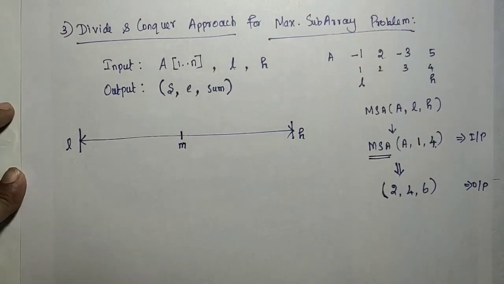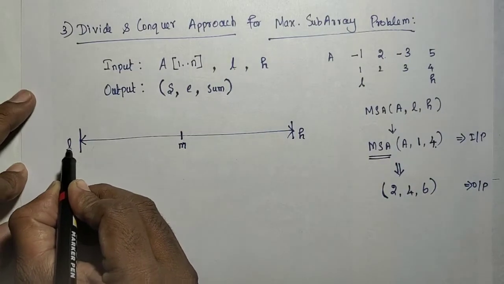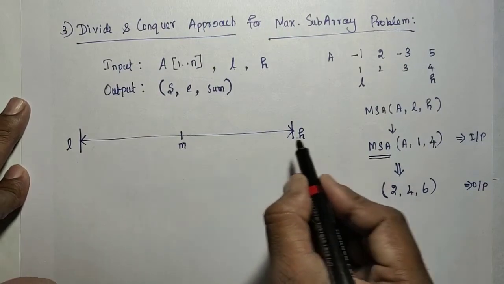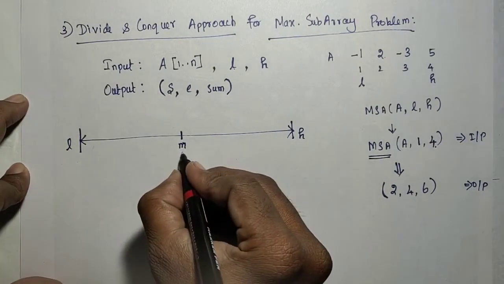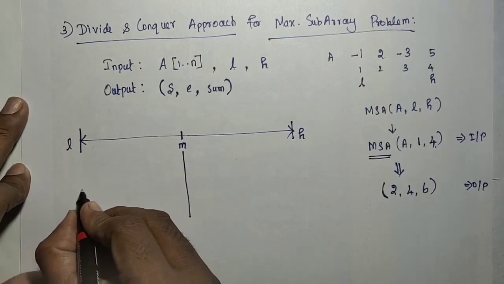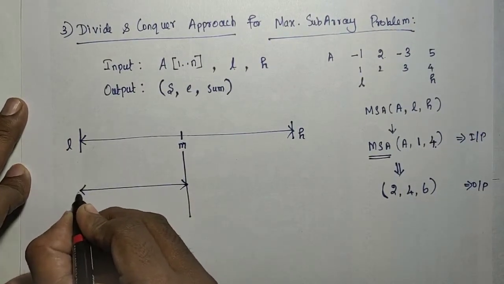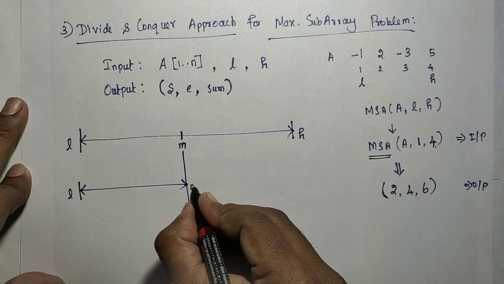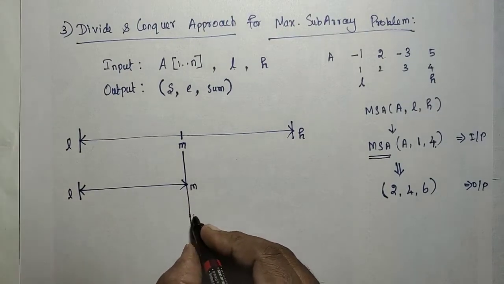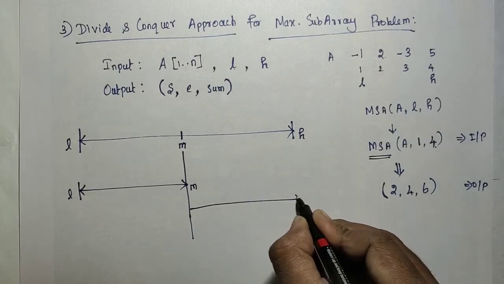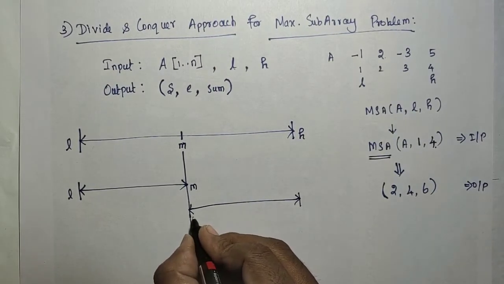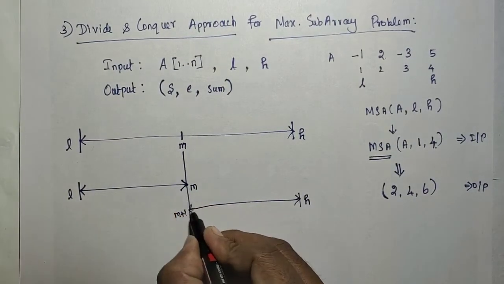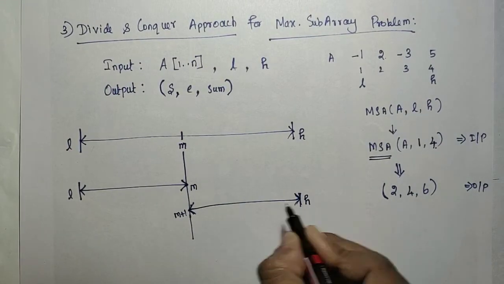Once we have the middle element, the main problem in the range L to H is divided into two subproblems, L to M and M plus 1 to H. Problem 1 is from L to M. Problem 2 is from M plus 1 to H. So the problem is divided into two subproblems now.